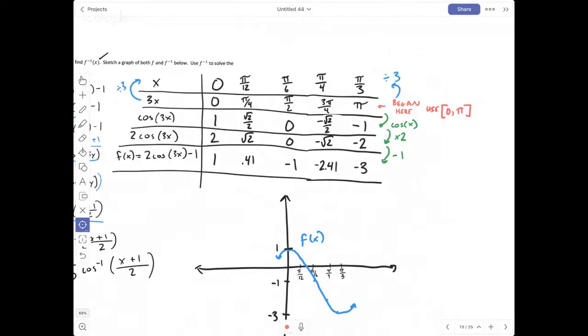If I needed 3x to be pi over 2, then I had to make x be pi over 6, and I got that by dividing by 3. To make 3x be 3 pi over 4, then I had to make x be pi over 4, and I got that by dividing by 3. And to make 3x be pi, oh, sorry, I had to make x be pi over 3, and I got that by dividing by 3. But then apart from just this step, I didn't do any other opposites, right? Here I'm just taking the cosine, then timesing by 2, then minusing 1.